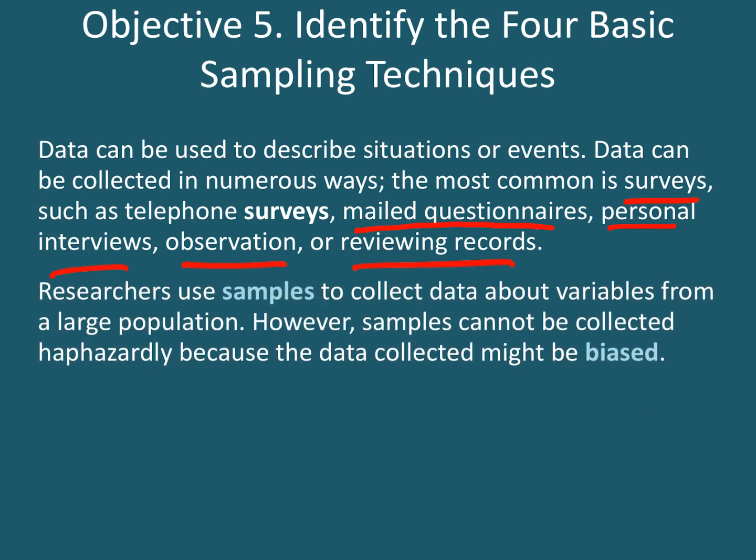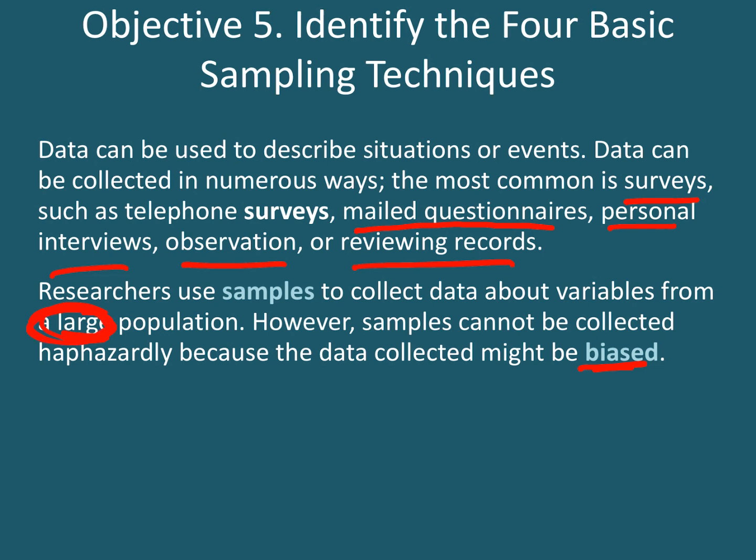Researchers use these samples to collect data about variables from a large population. However, samples cannot be collected haphazardly because the data collected might be biased. And this is really what statistics is all about: we are taking data from a sample based on a large population.